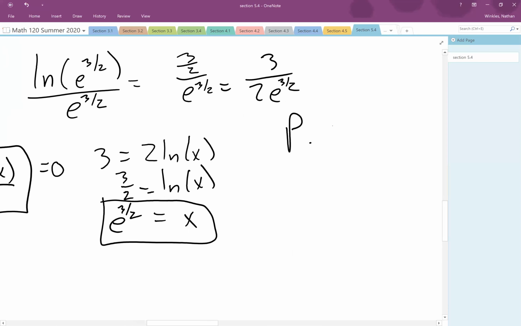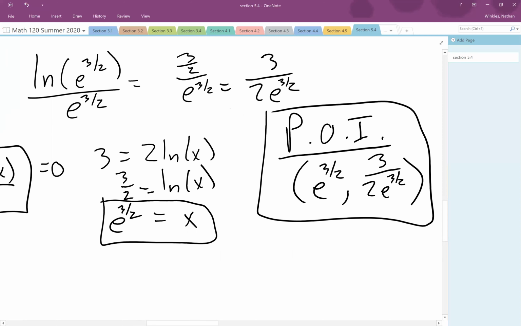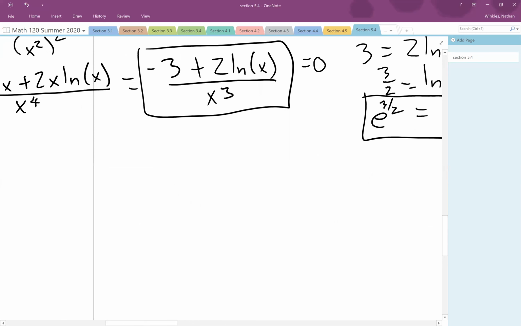So our point of inflection is the point e to the 3 halves, comma, 3 divided by 2e to the 3 halves. So these problems are not always the prettiest, but they work the same as anything else.